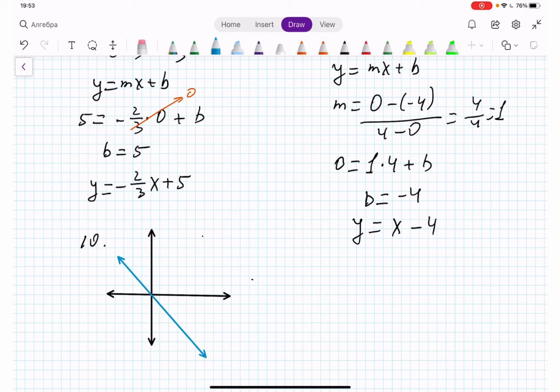So let's see, I'm taking 1 point, definitely I'm taking 0, 0 to make my life easy. But the other point I have to take somewhere else, let's say this one and this one. So it looks like 1, 2, 3, 4, 1, 2, 3, 4, negative 4. It's going to be 4 and negative 4. Okay, and 0, 0.